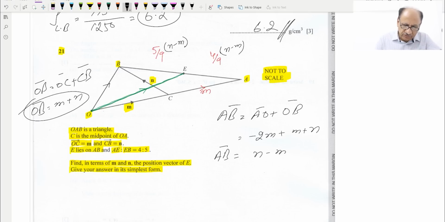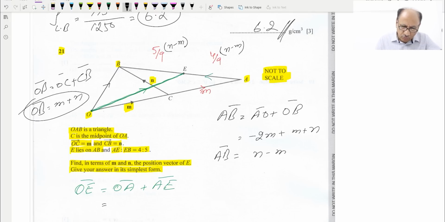Now we have this portions also, so we can write OE is equal to OA plus AE. AE will be this direction, and these will be the vectors.